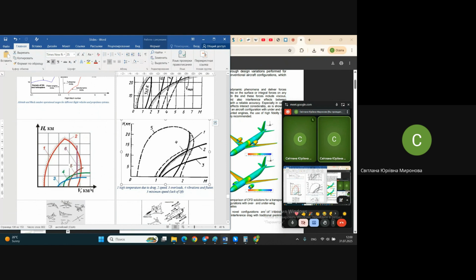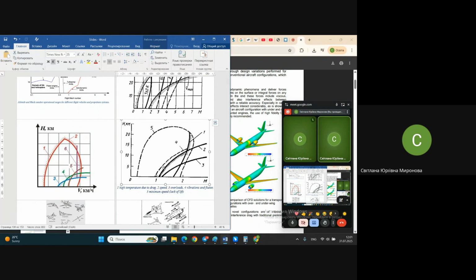First, high temperature, first curve is here, that one, 6 here. Temperature, second one, due to limitations of speed. Third is overloads. Limitations of speed means due to too much speed.